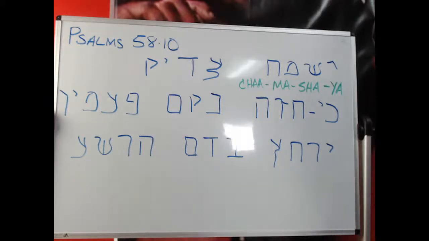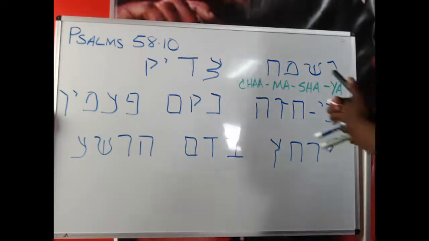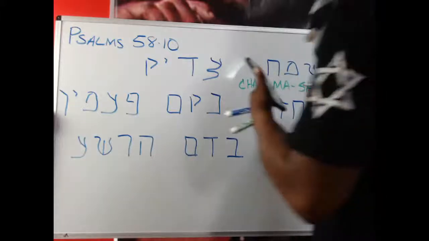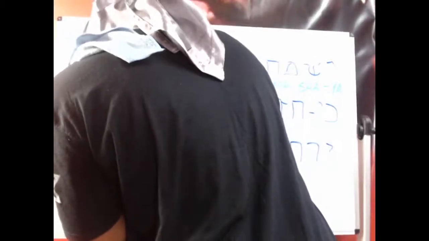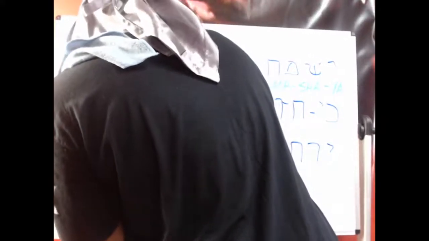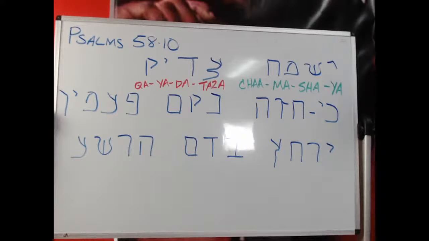All right. Okay, now we have, what's our next letters? Or maybe I can write them in a bolder color for you. We have Taza, Da, Ya, and Nice.